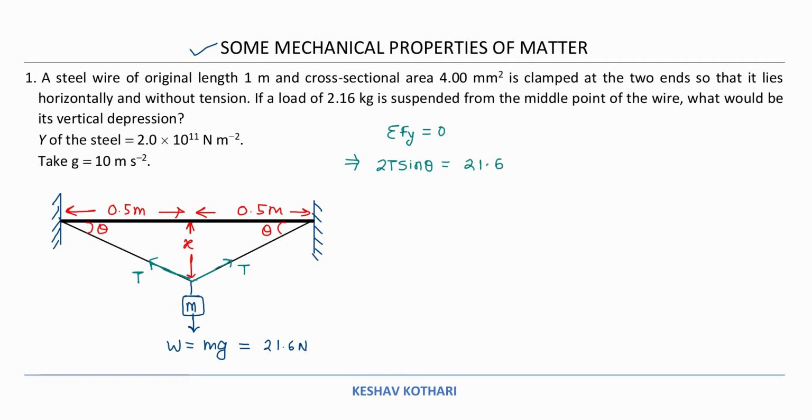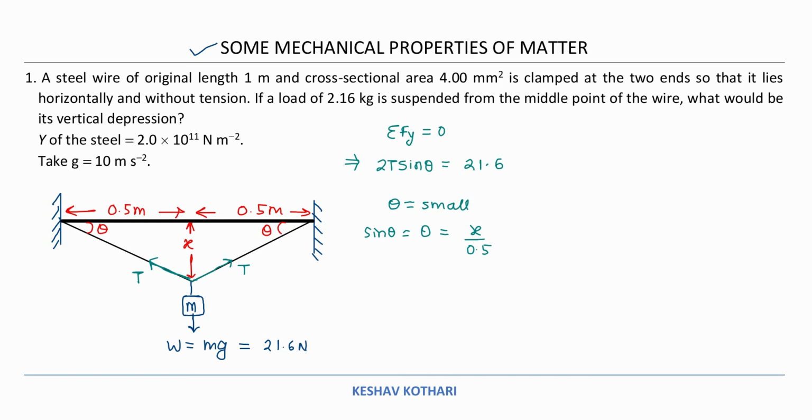Now, if we consider the approximation that theta is very small, because the depression is not going to be of a large value, so x is very small, then sine theta is approximately equal to theta, which is equal to x upon 0.5.